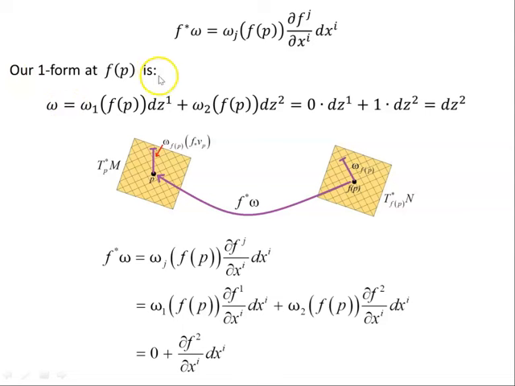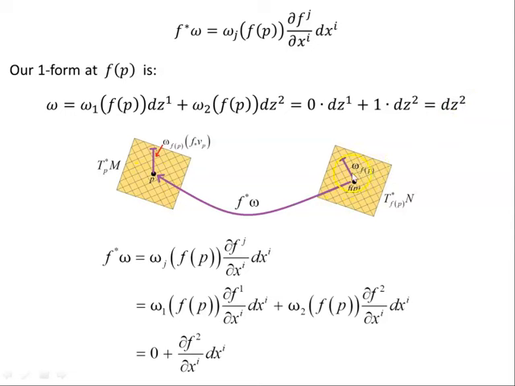So our one form at F of P, omega, is omega_1 at F of P dz1 plus omega_2 at F of P dz2. Notice this first part was 0, so there was no part there, it was just this, and this factor omega_2 at F of P is just 1. This first example is just keeping it simple. The next video that follows will contain some other examples where these coefficients are not 0. And so we simply have our one form at F of P is dz2, the second coordinate. Okay, so here we are.